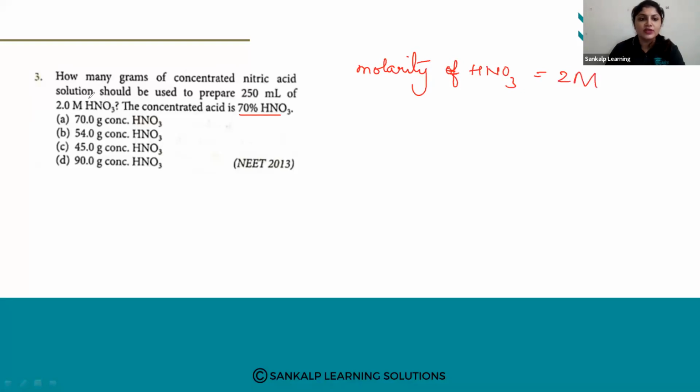So the first rule is, whatever is the given quantity in the problem, you have to write that down first. So what is the molarity of HNO3? It is 2 molar. Next is the number of moles of HNO3. How do you calculate the number of moles?